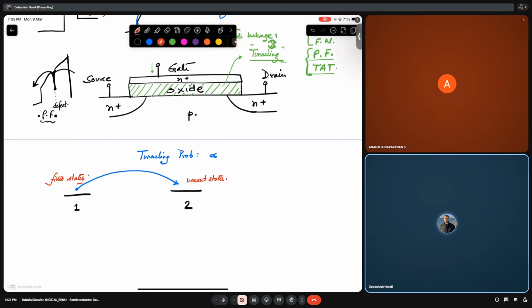Let's say F1 of some energy times F2 of some energy, and not F2, it will be the vacant state, right? So 1 minus the Fermi function of E2.